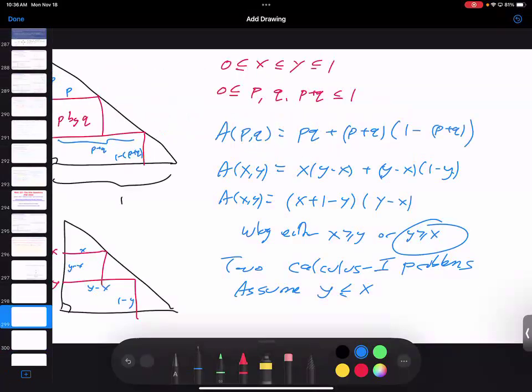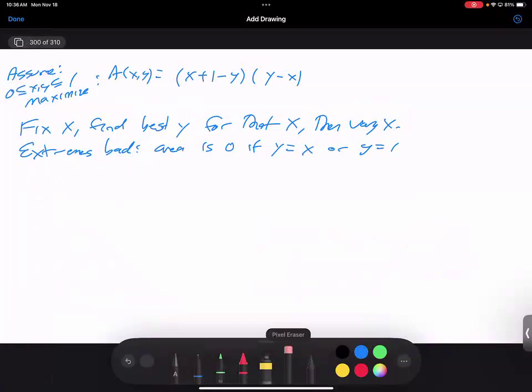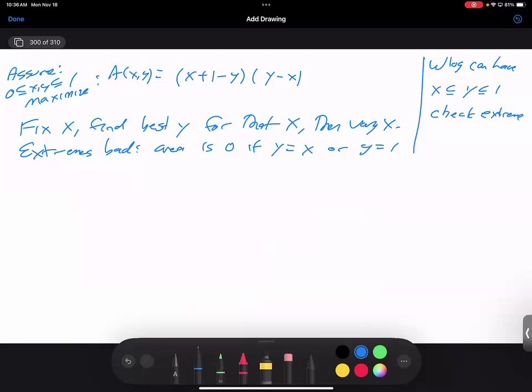So without loss of generality, we can have x less than or equal to y less than or equal to 1. Check extreme cases, get 0 added area. So if y is equal to x or if y equals 1, there's no area from that second rectangle. So that's clearly a bad choice.